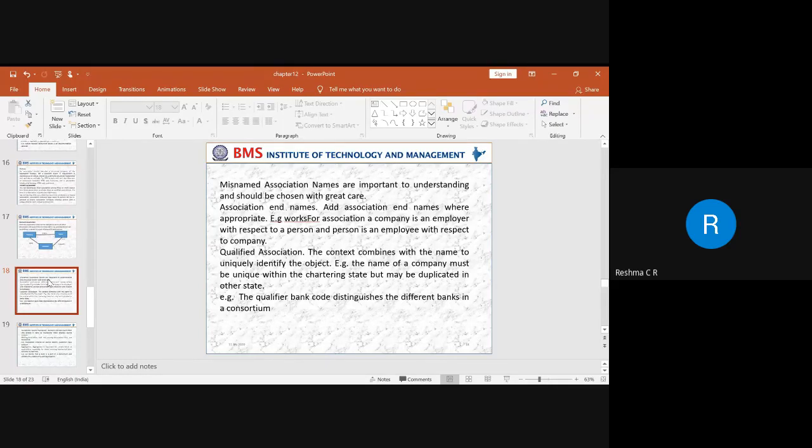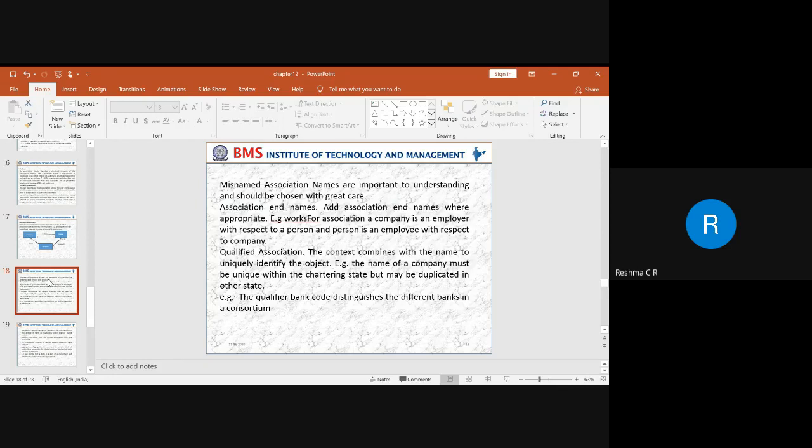For example, if we take a bank code as a qualifier, by using the bank code we can identify which bank a customer belongs to, and from which bank branch the customer is making a transaction.